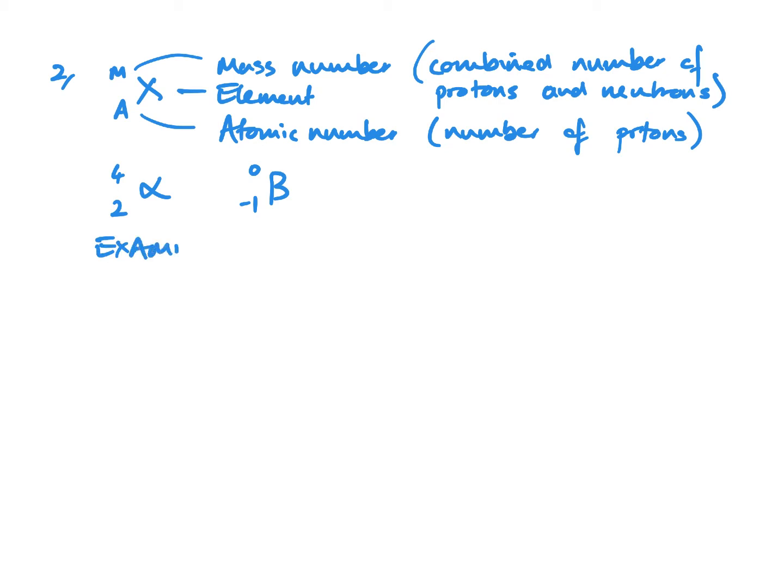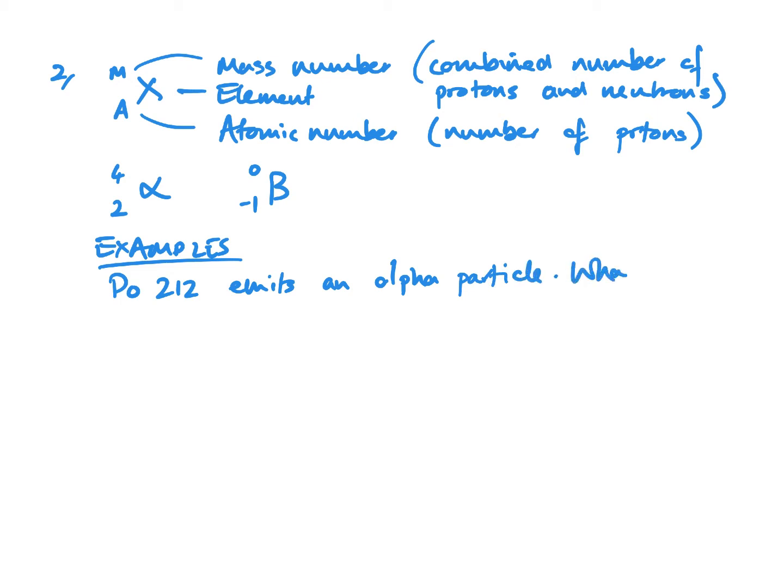So examples. Polonium-212 emits an alpha particle. What daughter nucleus is produced, or what daughter product?